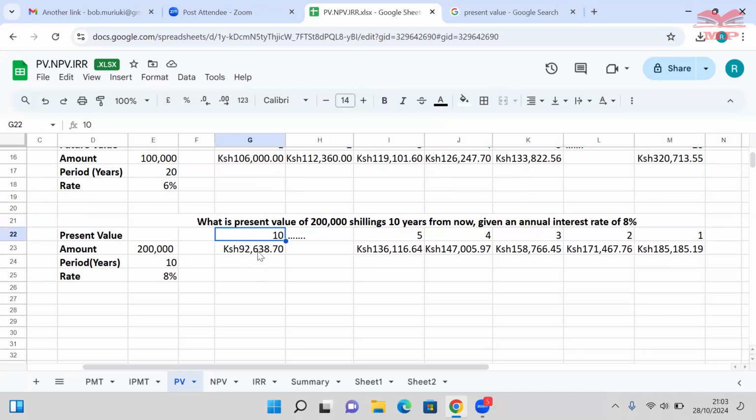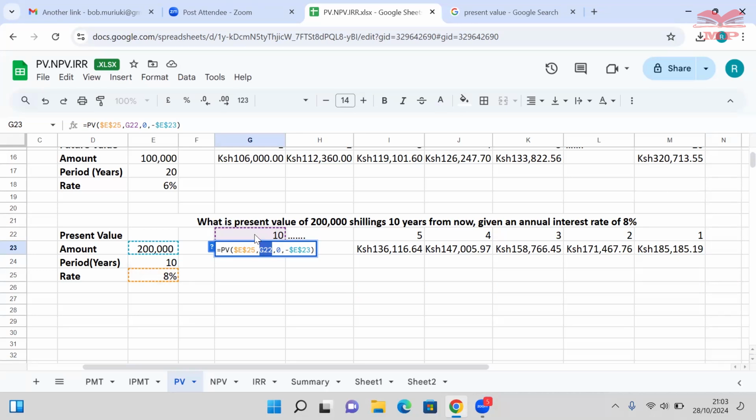If you use the calculation, the PV function, okay, notice again, we start with the rate, right? Again, like I've said, look this up in Excel. You start with the rate, so this should be the rate. Then G22 is where the present value should be.